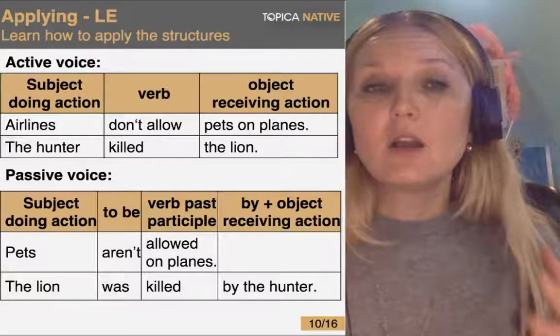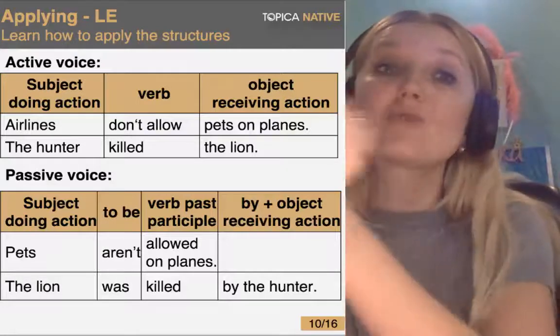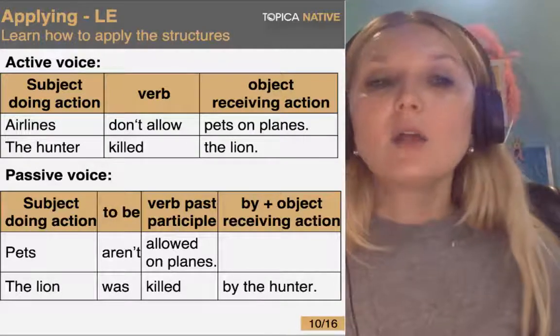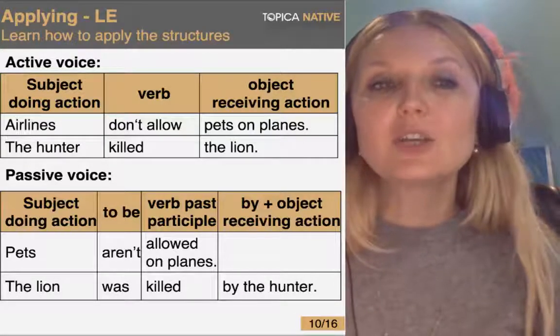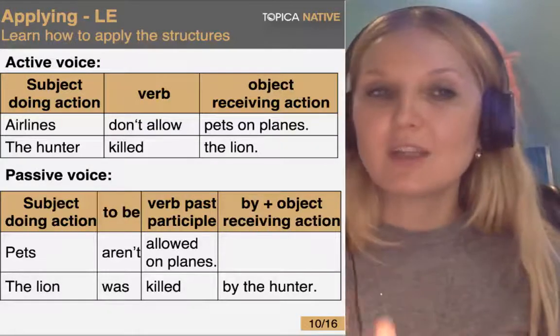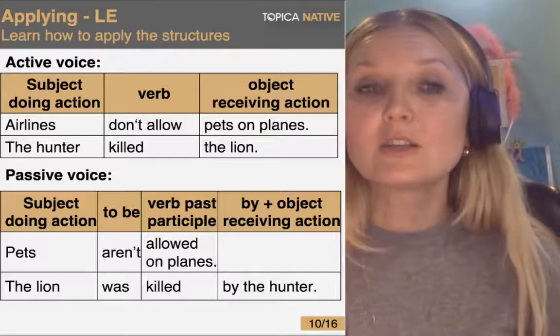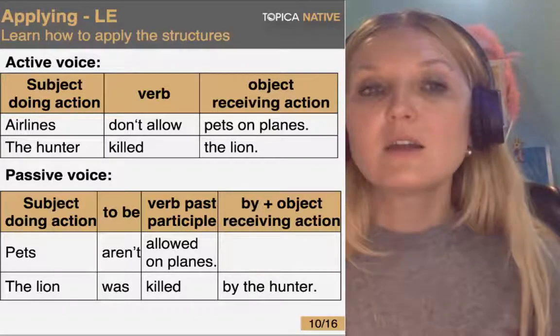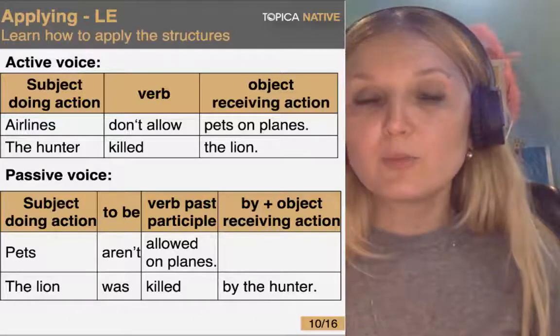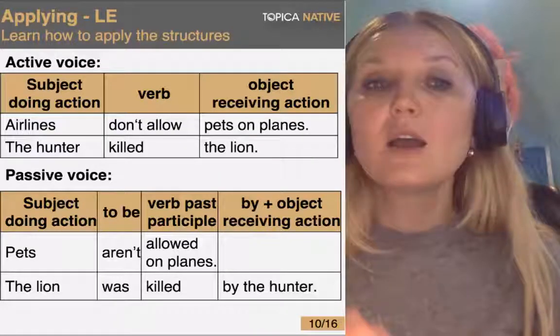Subject doing an action, then verb, and then object which receives an action. Then we have passive voice, only subject receiving an action. So right now receiving an action. Pets aren't allowed on planes. So here we have to be, the verb be, and the verb in past participle. The lion was killed by the hunter.